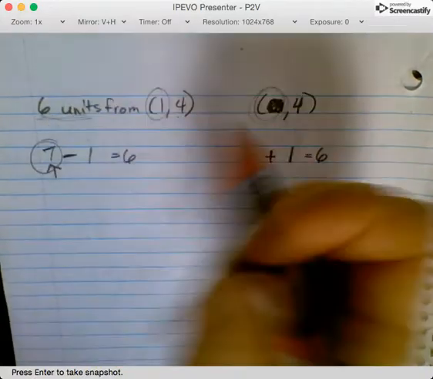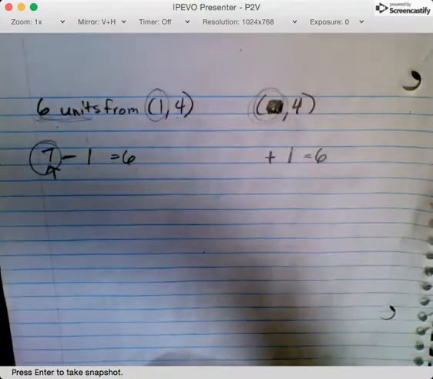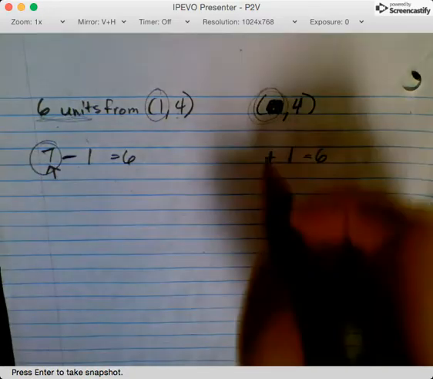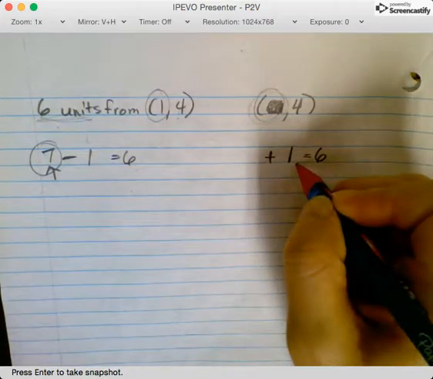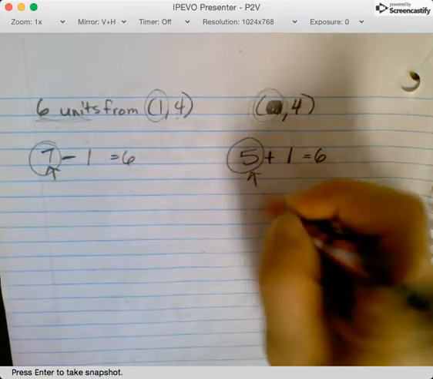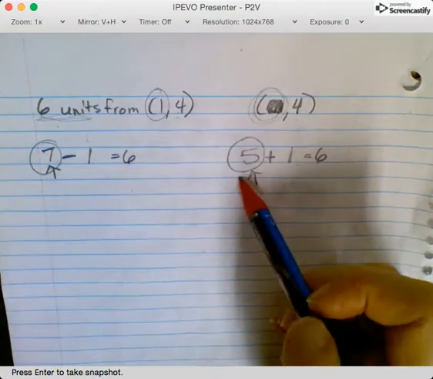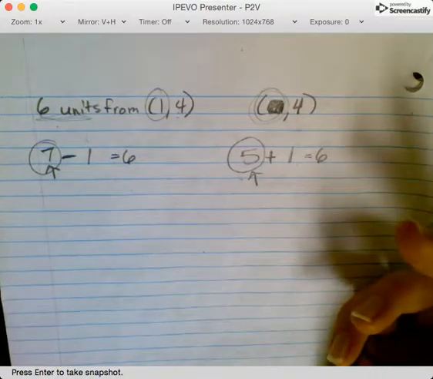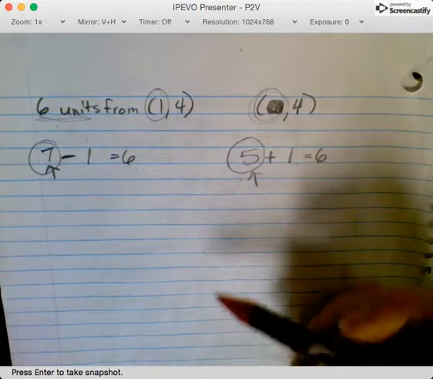That is one possible number. A number that I add to 1 to get to 6 is 5, so that's another possible number. We just have to determine what sign each will have.